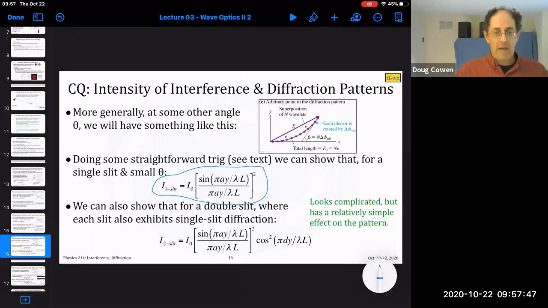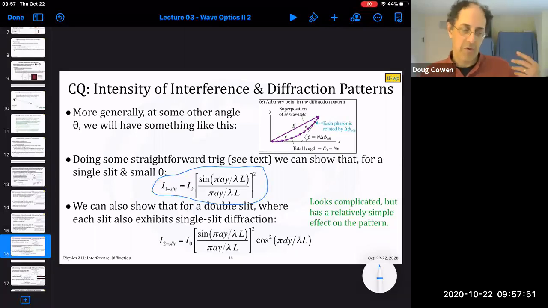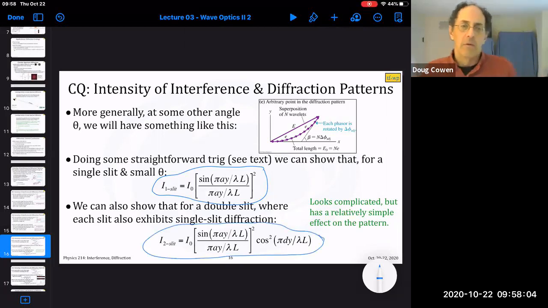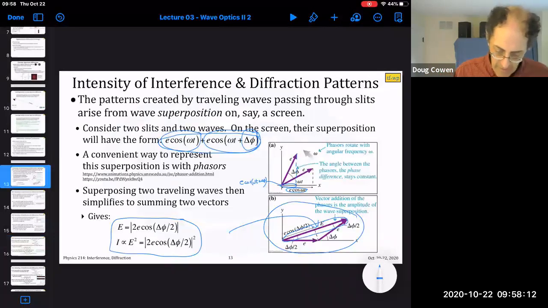If you then add on top of that single slit intensity what you would get if you had two identical single slits side by side in a double slit experiment, so you get interference and diffraction together, that expression looks like this. So all that's been done there is to include this cosine squared factor, which I remind you came from back here.